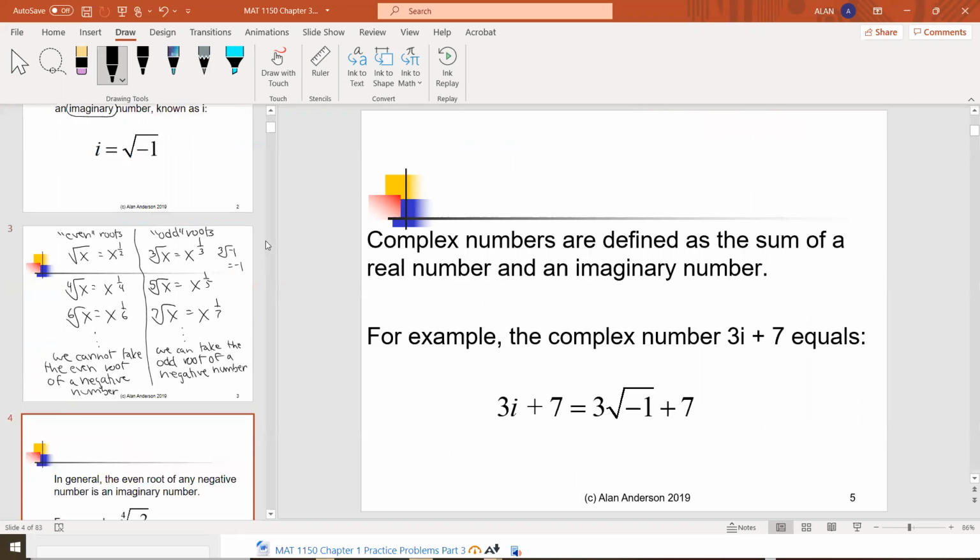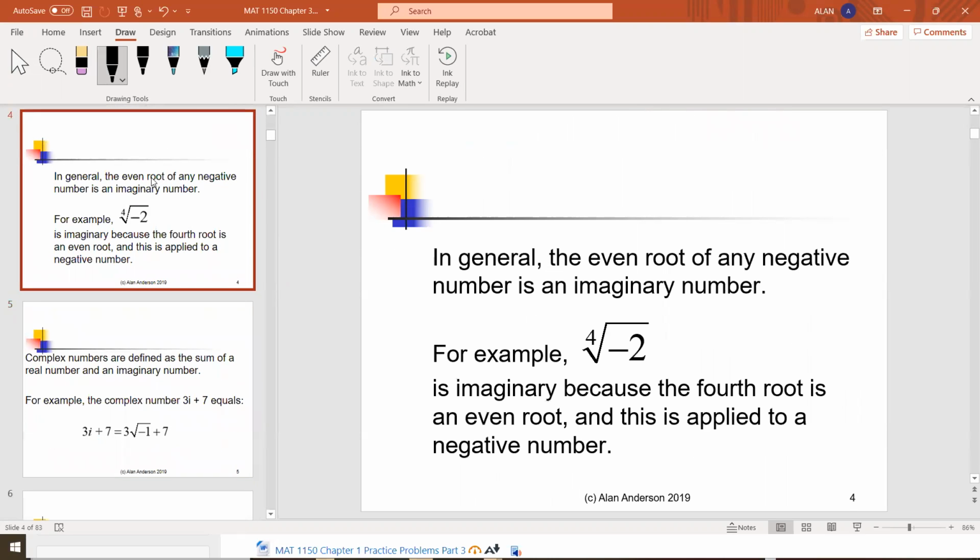In general, the even root of any negative number is imaginary. Okay, so the fourth root, this is clearly an even root. And by applying it to a negative number, whatever we get is going to be an imaginary number.